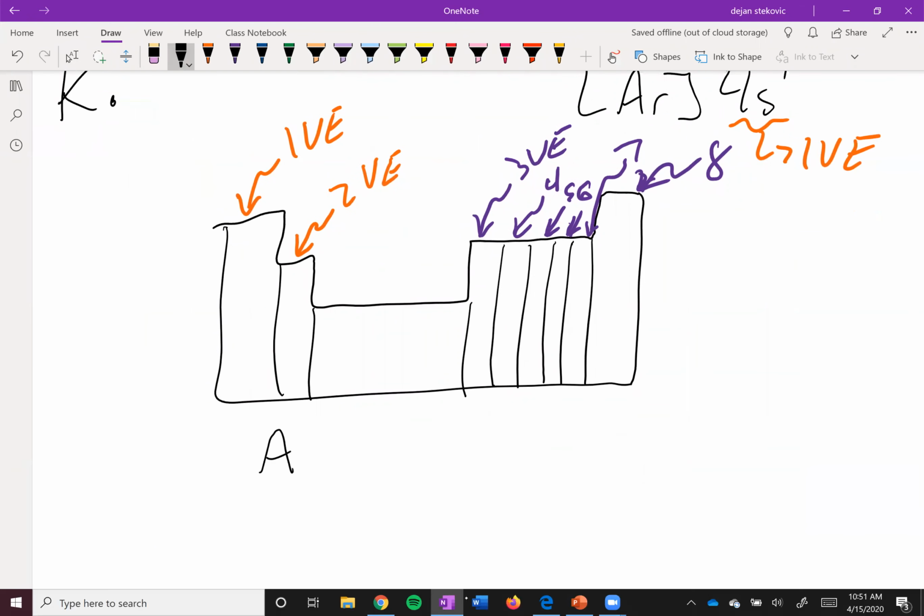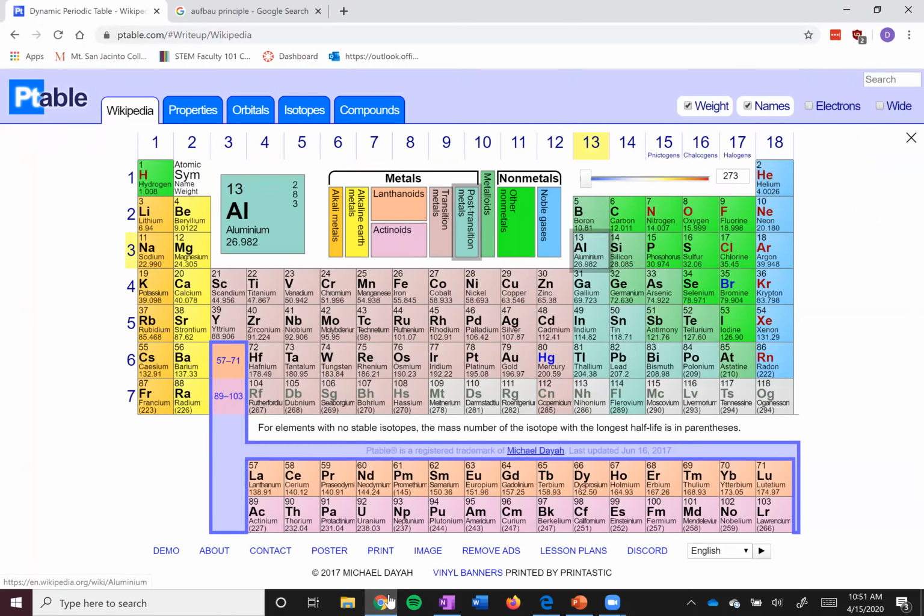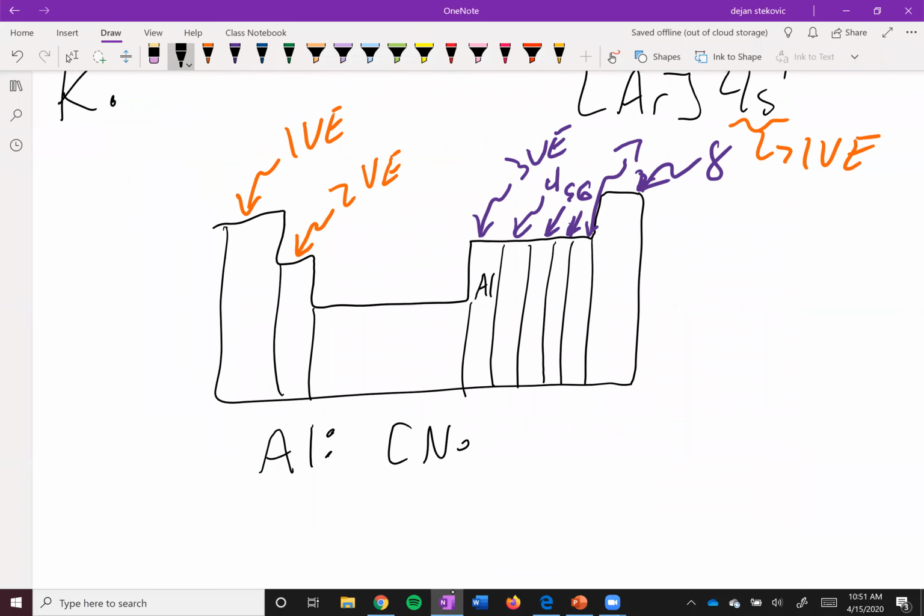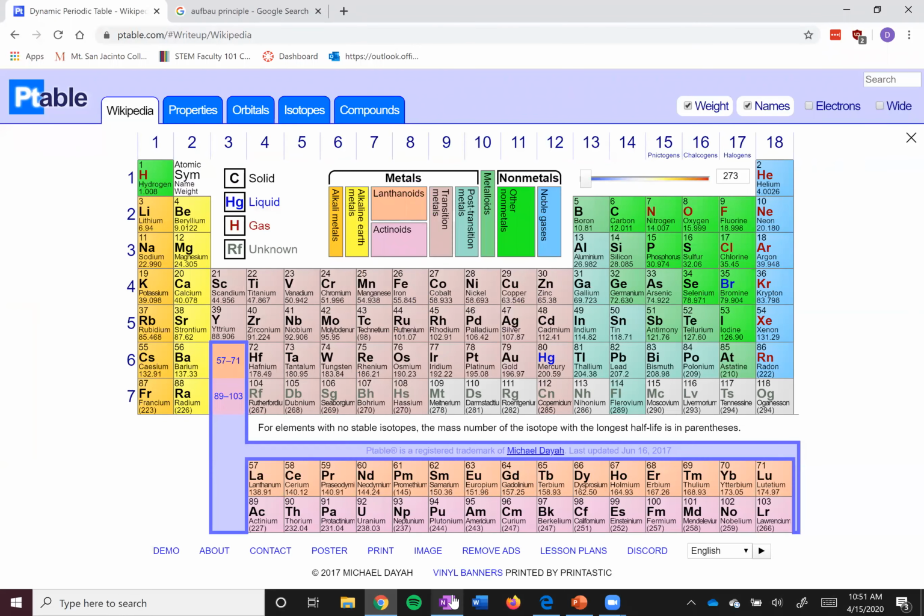So again, think about aluminum. Aluminum would be right here, and if we check out where aluminum is, it's in period 3. So we can say it has the same electron configuration as neon, and then we go 3s2, 3p1.